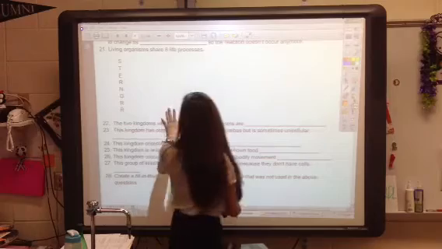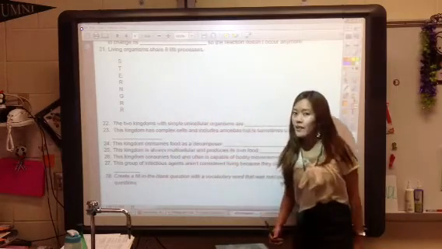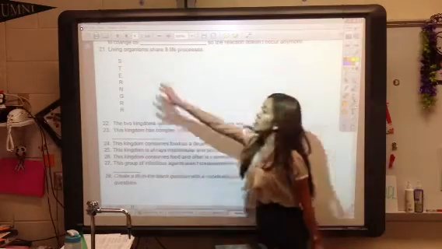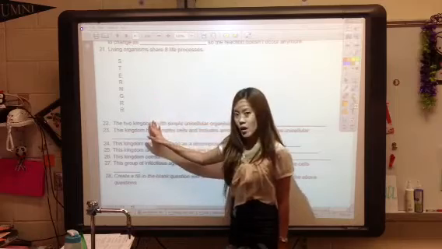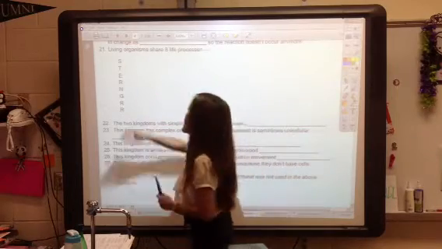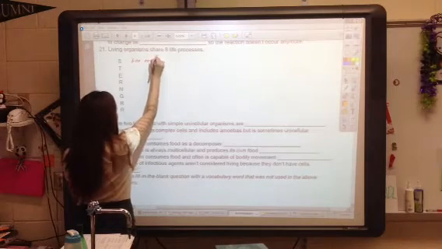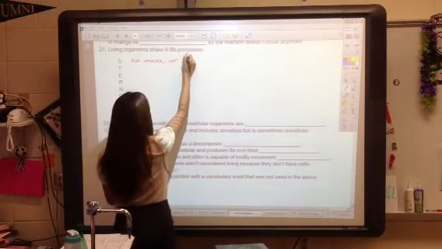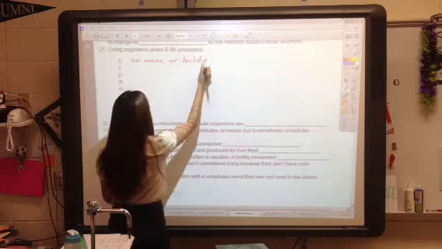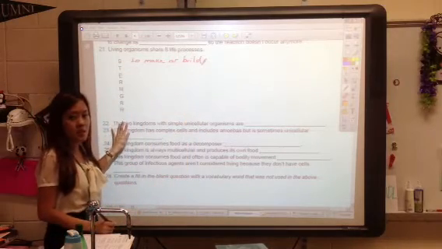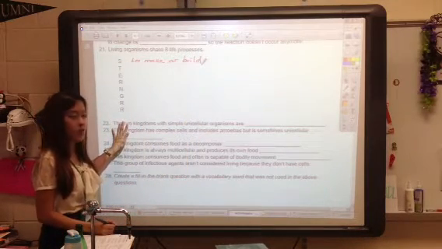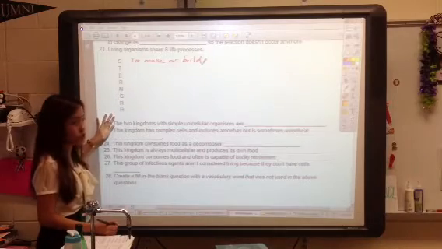So for 21, living organisms share 8 life processes. You need to know what all 8 of those are. Let me help you out with them. S is going to mean to make or build. So what you might want to do is you might want to go ahead and fill in the names for those processes or the names of those stronger terms.